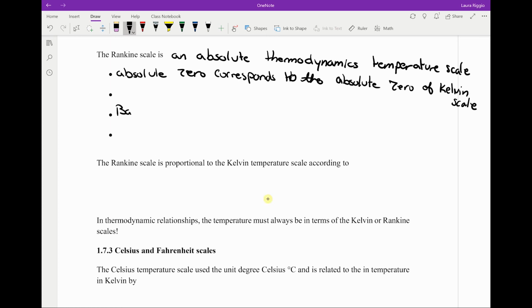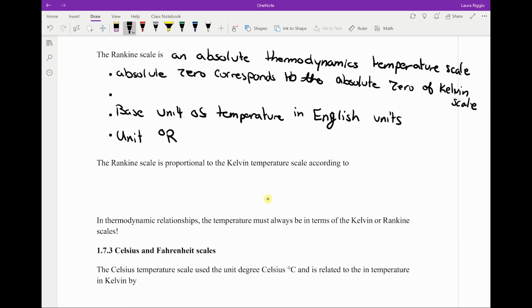Again, it is the base unit of temperature in the English units, and its unit is degrees R, which is degree Rankine.